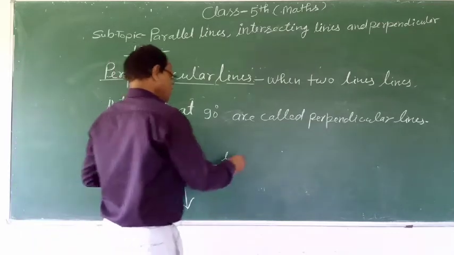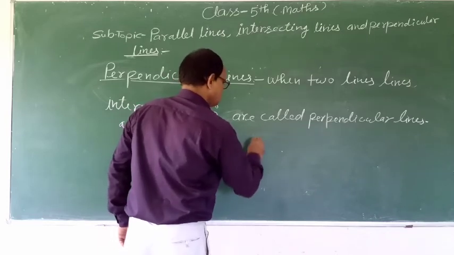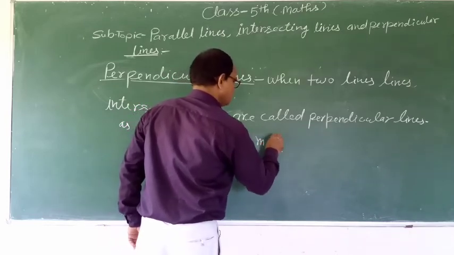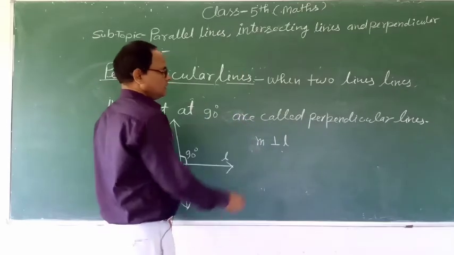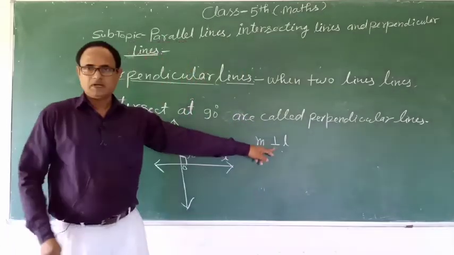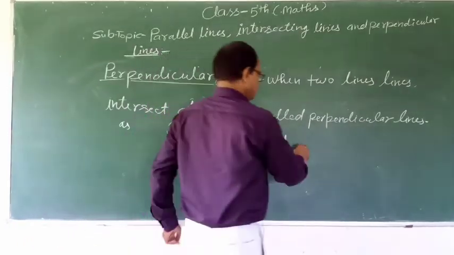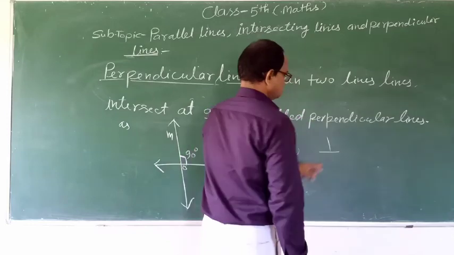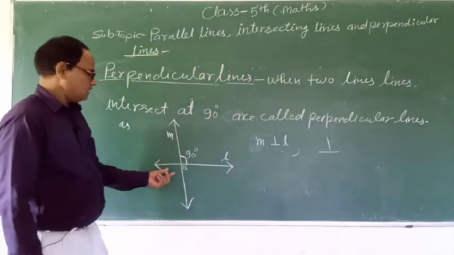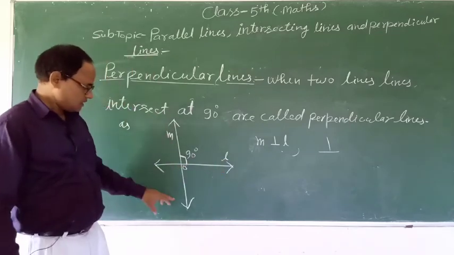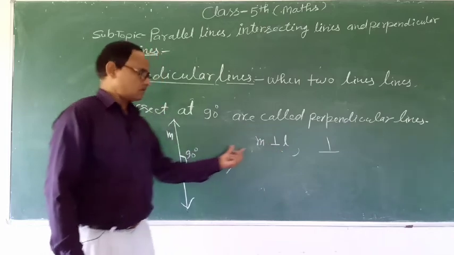Here we can write M perpendicular to L. This symbol is the perpendicular symbol. So we can write that line M is perpendicular to line L.